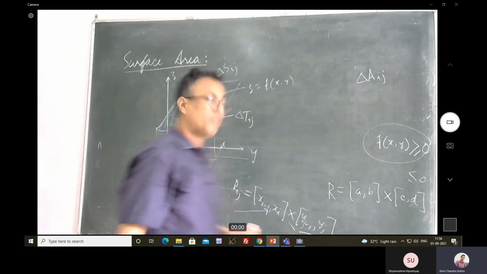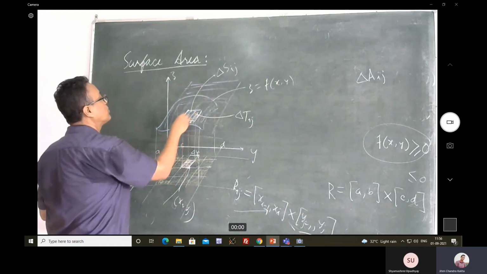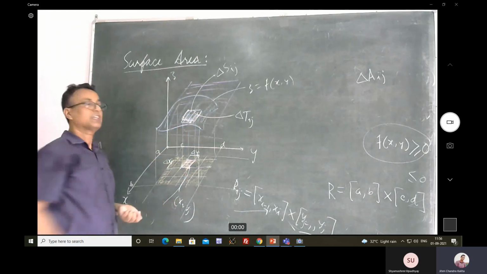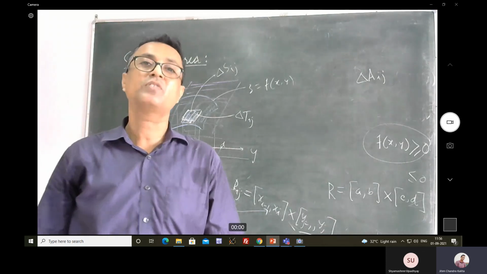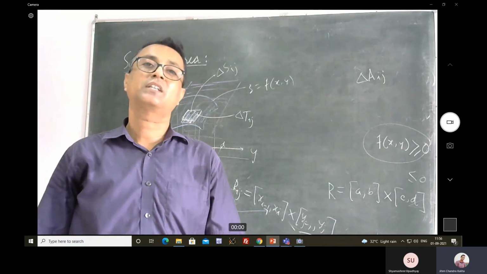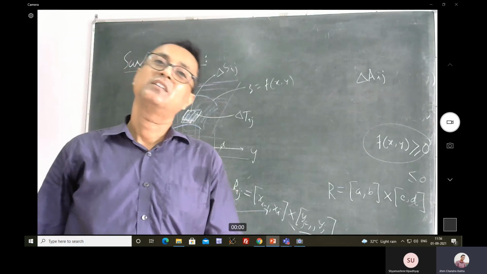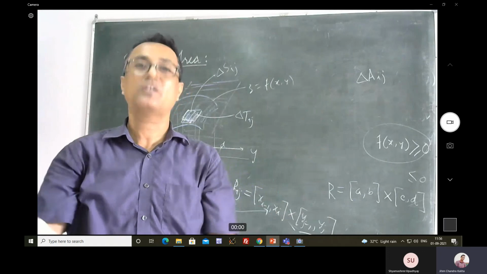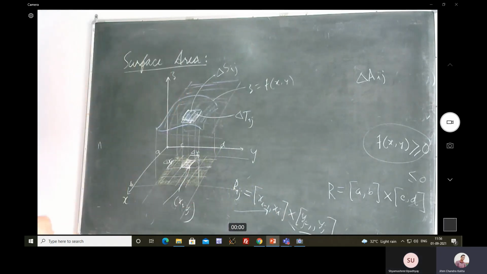Now, if we are able to find out the area of all those tangent planes lying above rectangles like Rij, and if we sum them up, and if we let m and n tend to infinity, then that is going to eventually give me the area of the whole surface. Right? Yeah. So that is the concept that we are going to use.